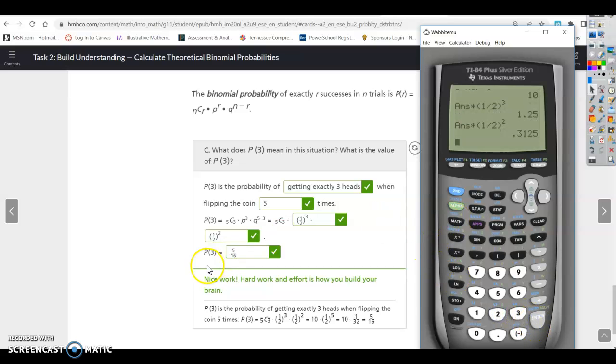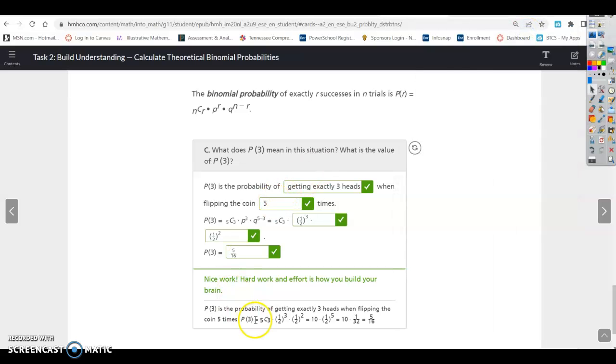And then we can ask, does that equal 5/16? If we have a decimal, you can change that to a fraction by going math, fraction, 5/16. So if you simplify it, using order of operations, make sure you do that, you will see that that is 5/16.